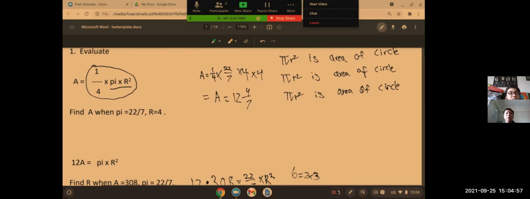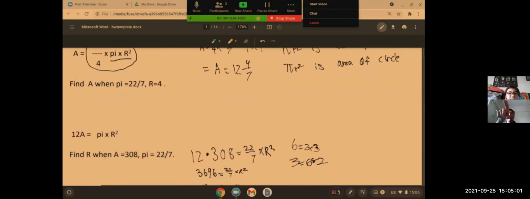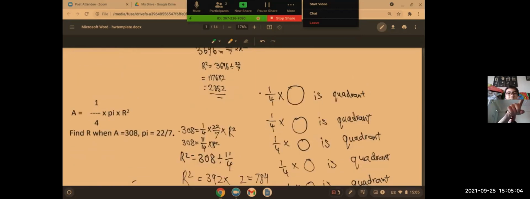Do you understand the difference between quarter and quadrant? Go down to the one that you have written just now. Can you highlight the quarter and then the quadrant? Which one is quarter? Which one is quadrant? Quarter is the number. Quadrant is the name.